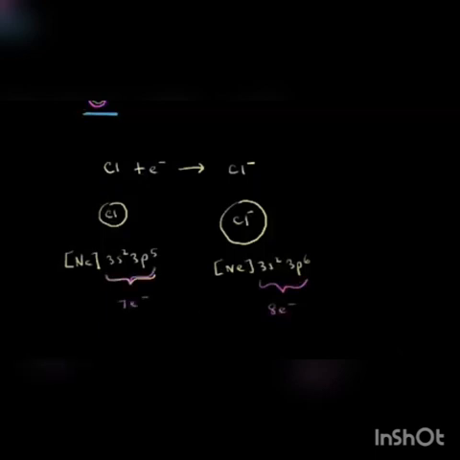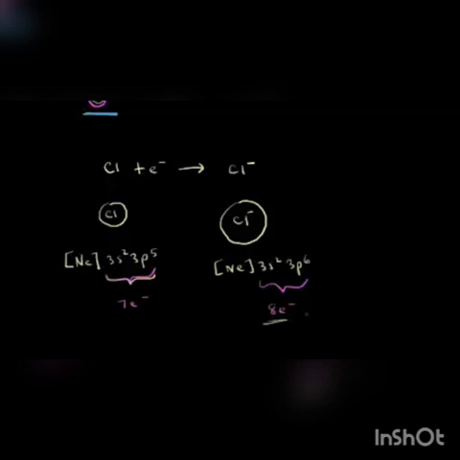Now, the explanation for the larger size of the chloride anion in most textbooks is, you'll see people say that the addition of this extra electron means that those electrons are going to repel each other more. You have 8 of them instead of 7, and so because they repel each other more, it gets a little bit bigger. And that makes sense, but you'll see some people disagree with that explanation, and I haven't really seen a great alternative offered.